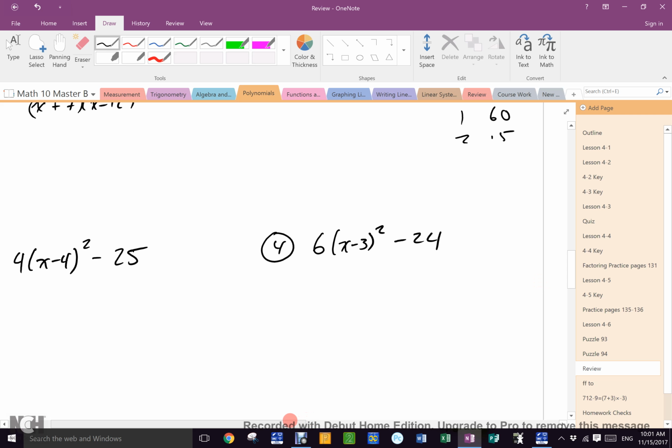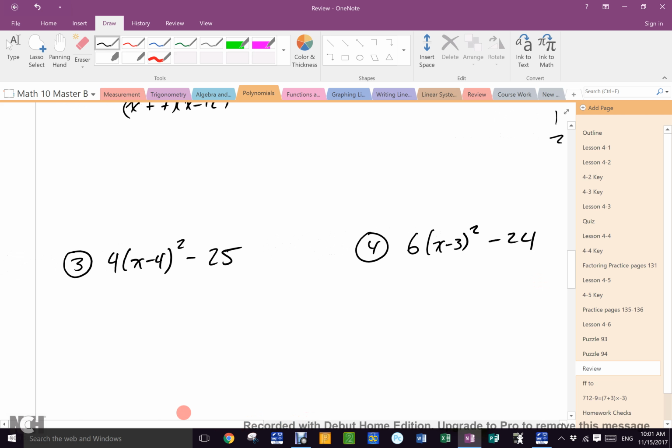What's weird about 3? What's weird about 3? I hope everybody's saying nothing's weird about it because you all immediately see how to do it.